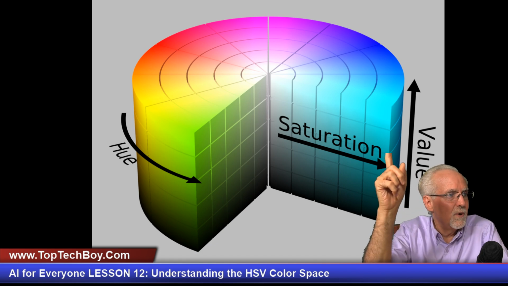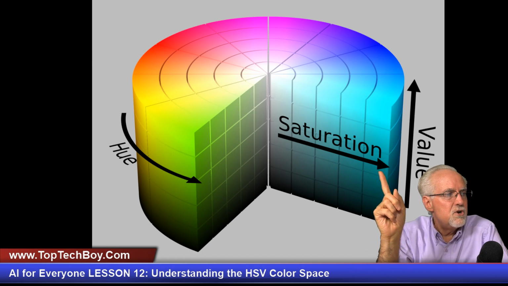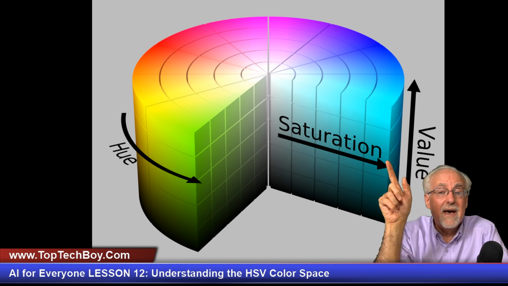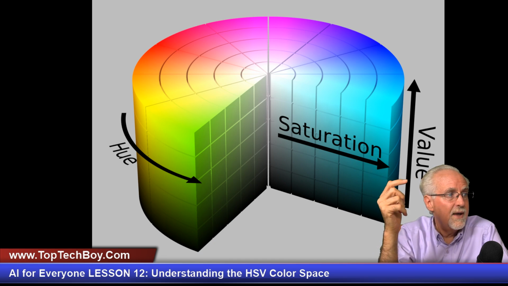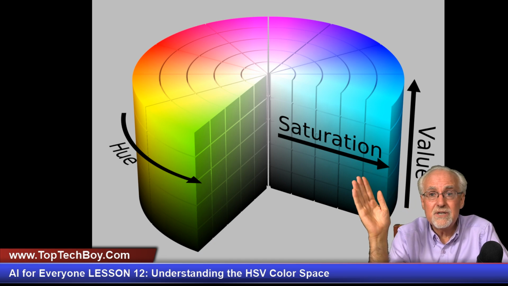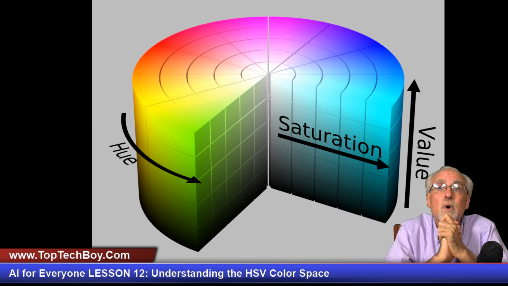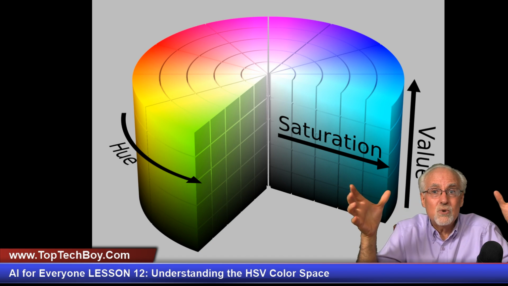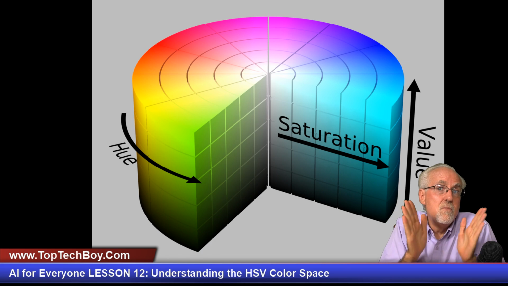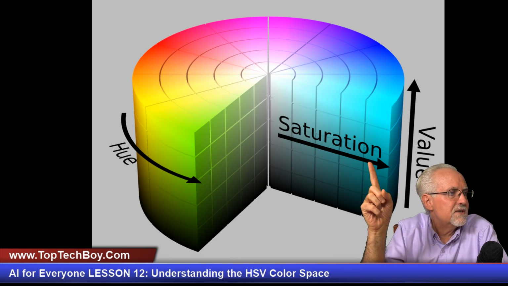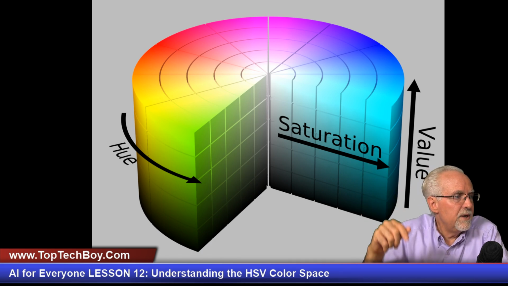Now this is the cool thing. Look at this up here. No matter where you are on hue, no matter which color you are, if you set saturation to 0, you go all the way back to what? To clear. As saturation gets less and less, all the colors move towards clear, and you can see that in this little wheel up here.